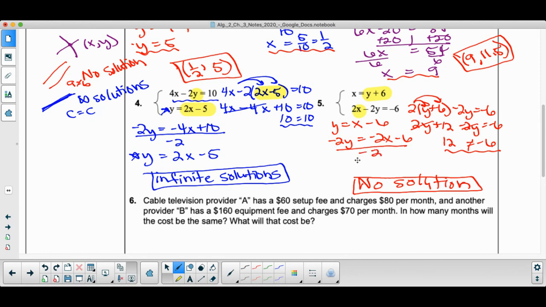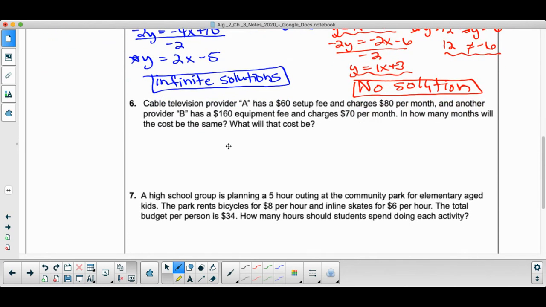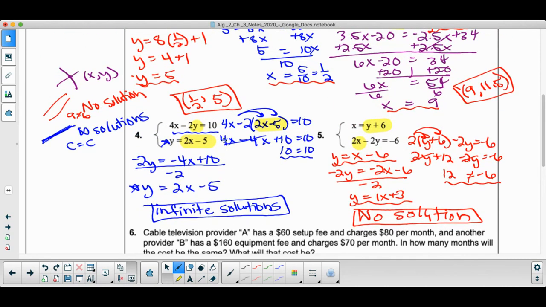Divide everything by negative 2, you get y equals 1x plus 3. So you can see they're different equations, but they have the same slope. They both have a slope of 1. So they're never going to intersect, therefore no solution. So make sure you have these diagrams written down.